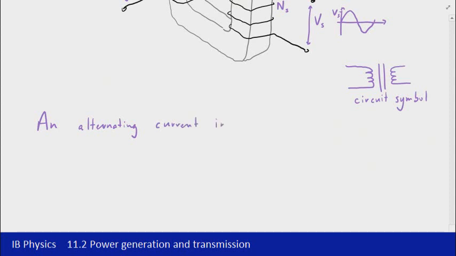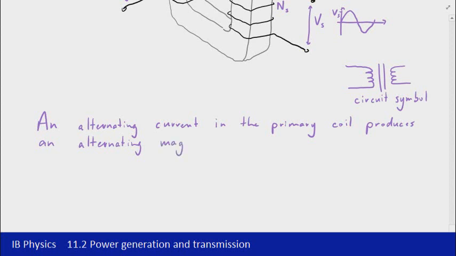So initially we have a current in the primary coil. Now because we've had a look at electromagnetic induction, we know that if there is a current through a coil, that produces a magnetic field. So we know that a current in a conductor produces a magnetic field, and now we've got this alternating current.